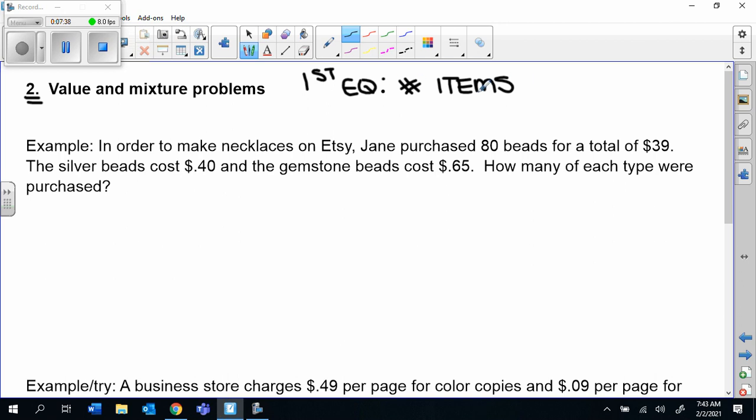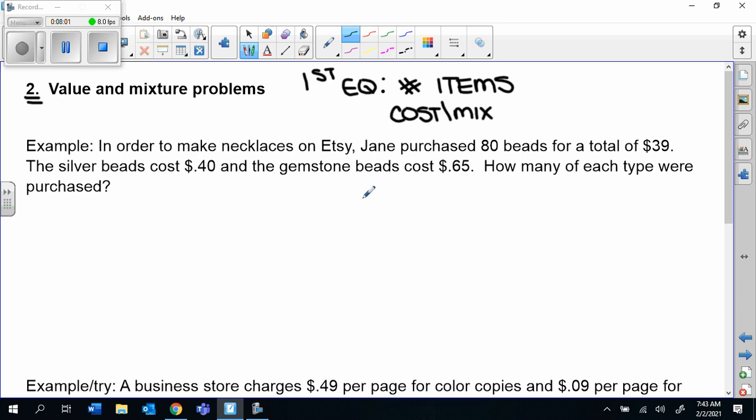So literally we're going to have one sentence that just adds up the number of items. The second one is going to be either our cost or our mix or something like that. And I have enough examples here that I think you'll get the hang of it, even if the first one seems really confusing. So here we go.